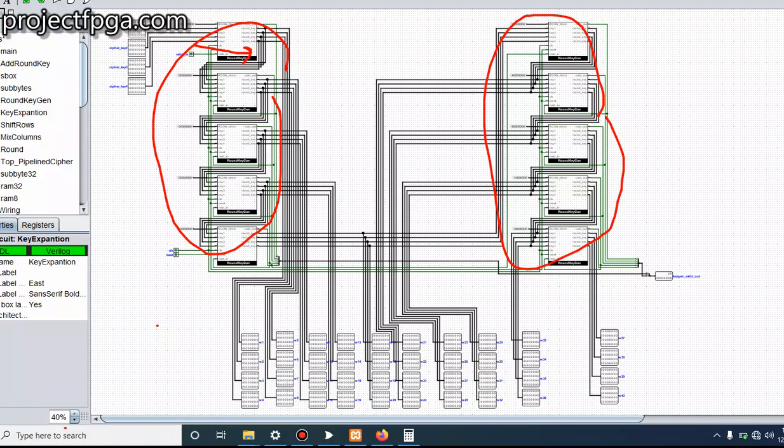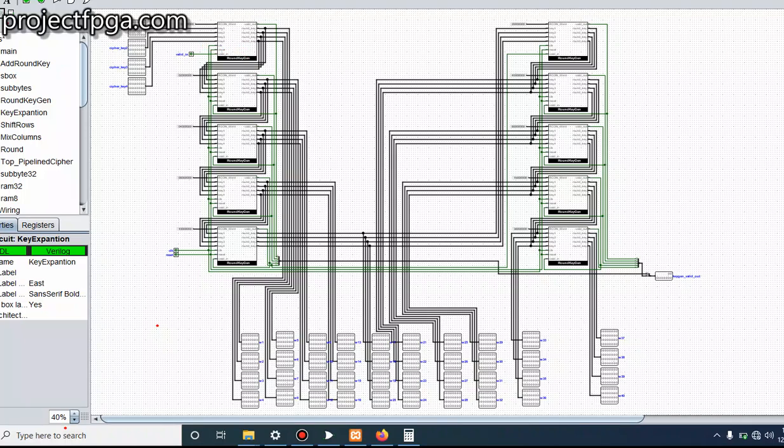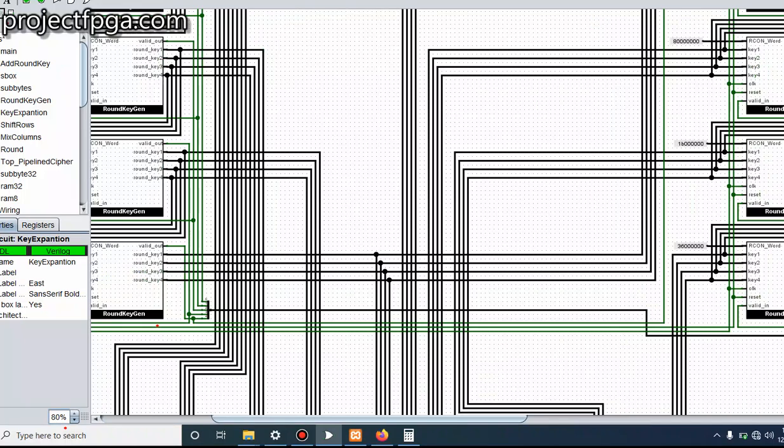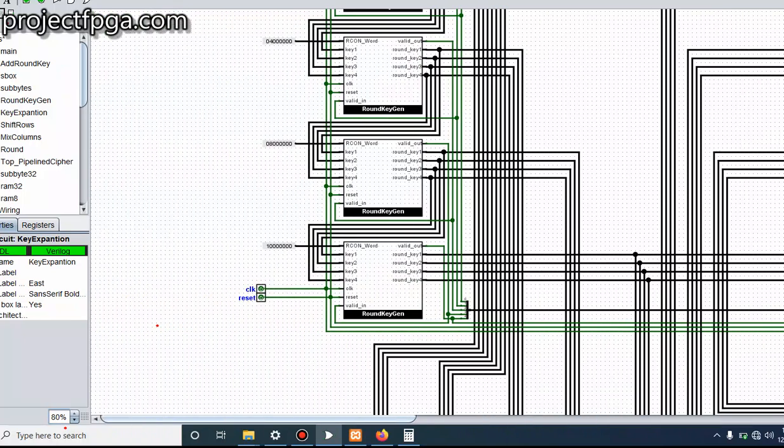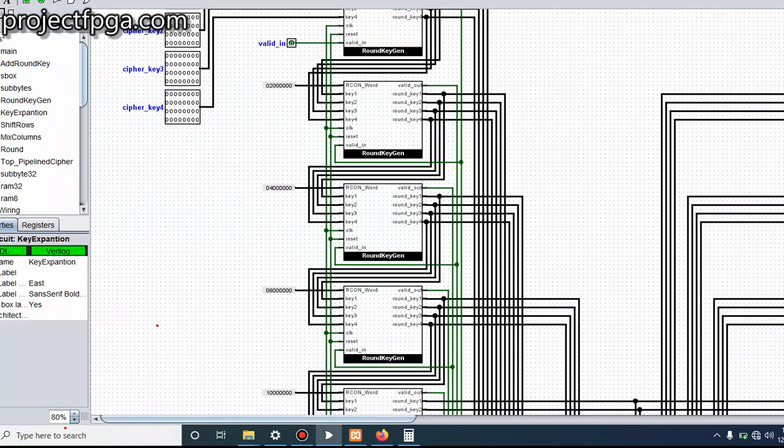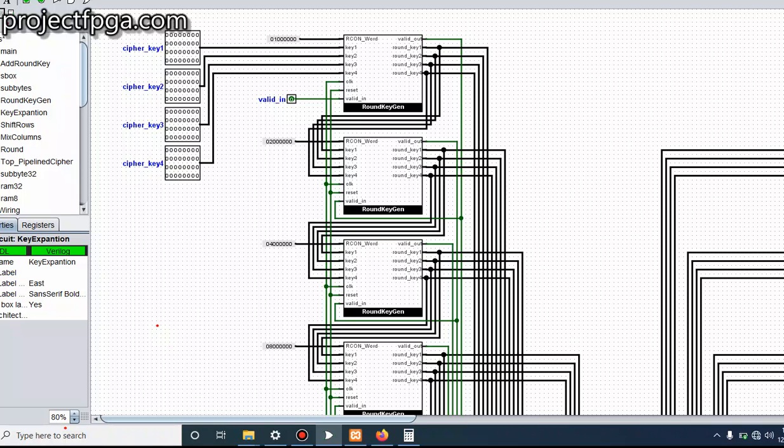Another thing about this key expansion is that the inputs to each of these round key generators are not the cipher key. The cipher key went as input to only the first round key generator.